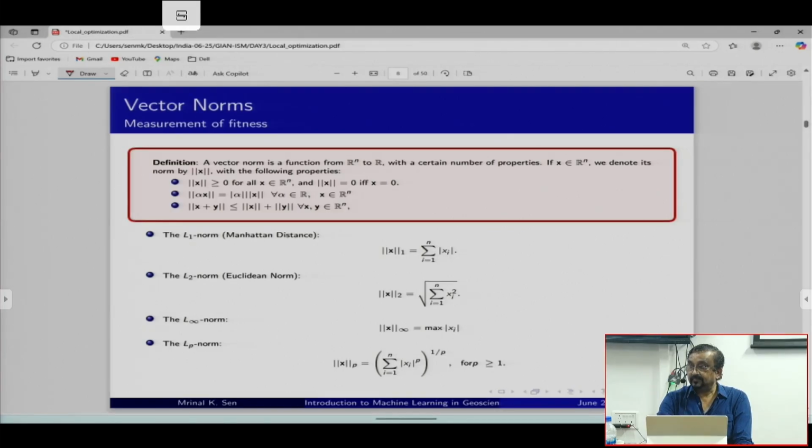Okay, so here I want to revisit this because we talked about this in the very first lecture. Vector norms. How do you measure the length of a vector? Let's say that I have a two-dimensional vector. I have a vector in two-dimensional space, and that's my point, right? And if this point is x1, y1, how do you know the distance of this point, or length of this vector, measured from origin?